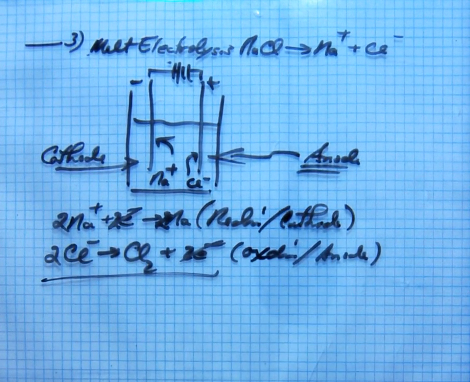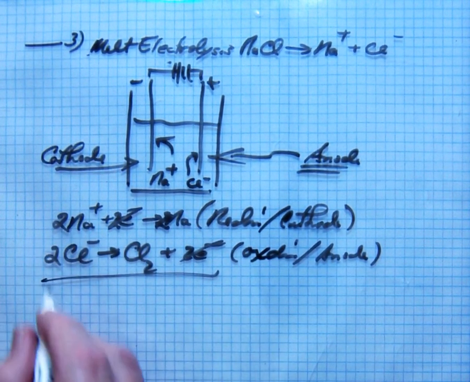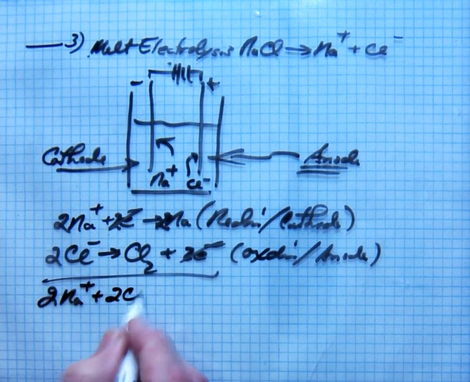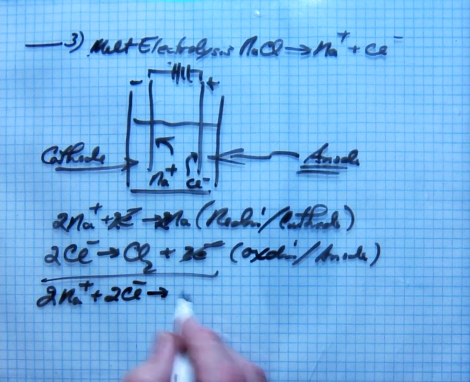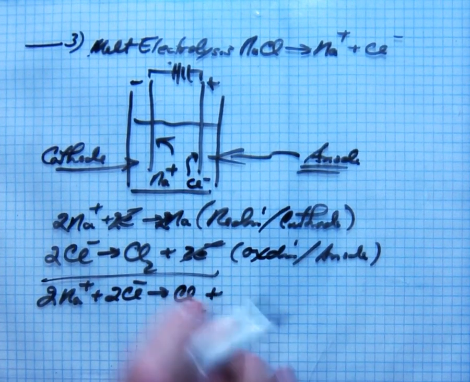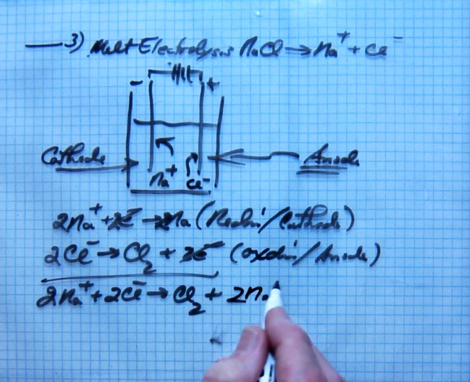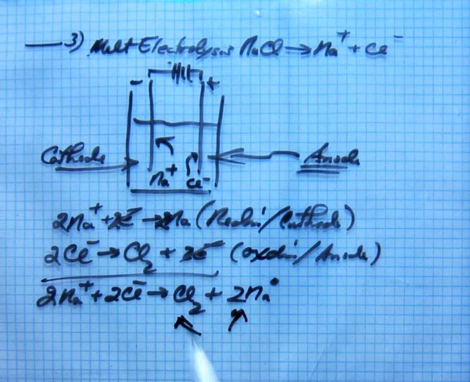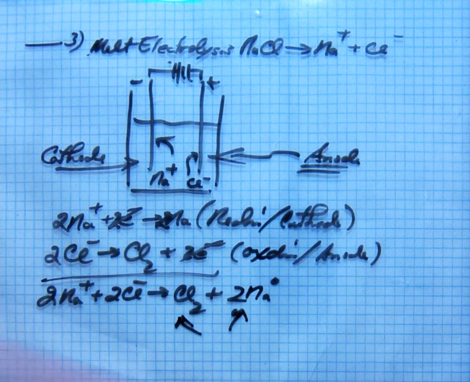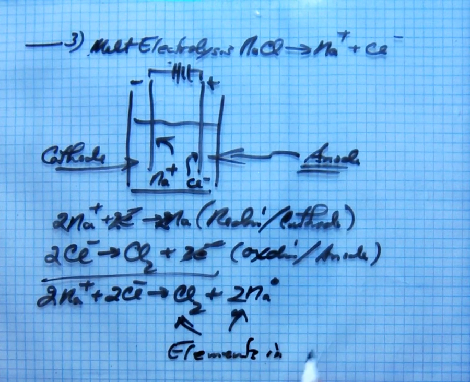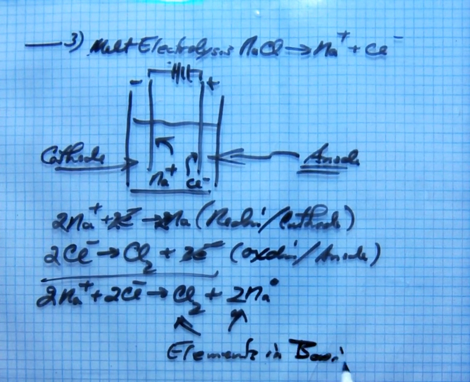Okay. All right. Then we can add these together. 2 sodiums plus 2 chlorides in the melt will go to chlorine gas plus 2 sodium in basic standard states. The electrolytic process always drives the reaction, and the products will be elements in basic standard state.